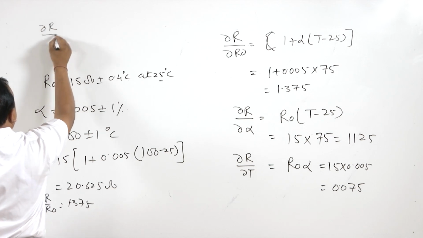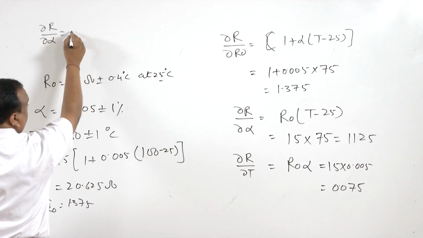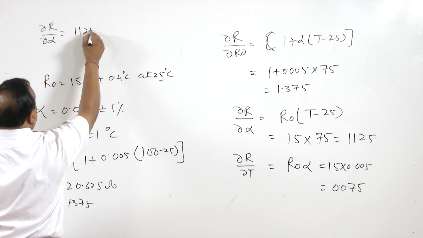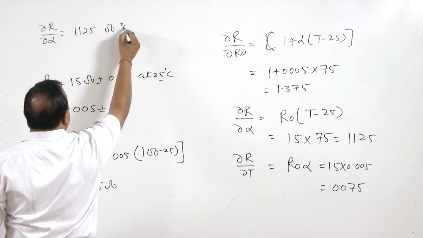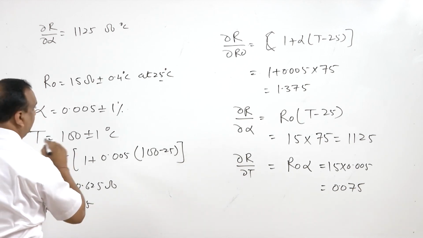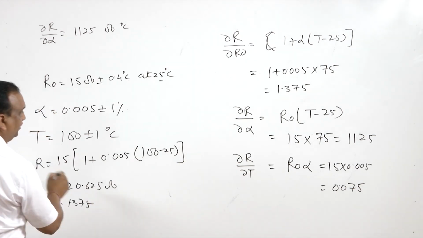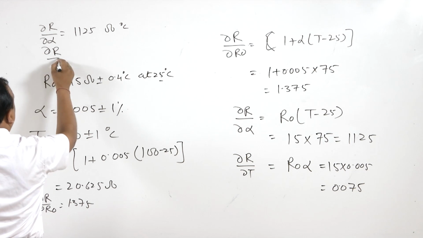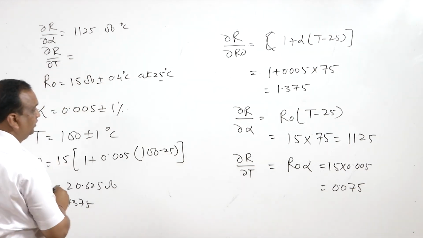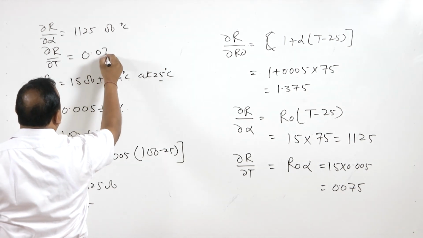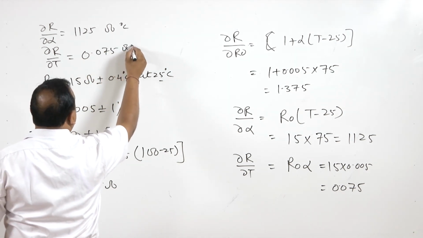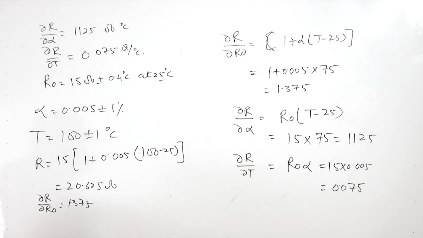Del R by del alpha is equal to 1125 ohm, with alpha in degree centigrade being unitless. Del R by del T is equal to 0.075 ohm per degree centigrade.